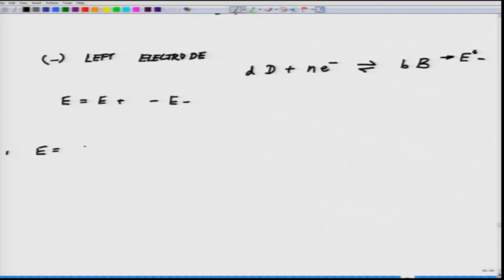E is equal to E0 plus minus, so this is minus 0.05916.